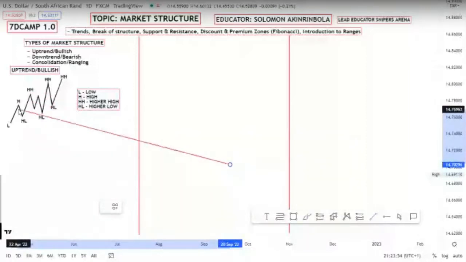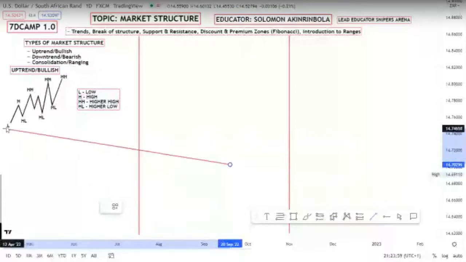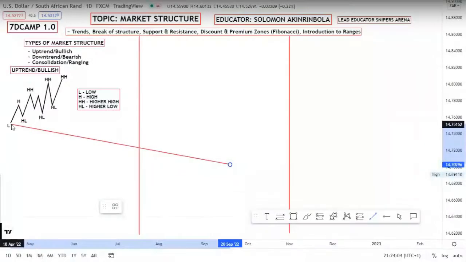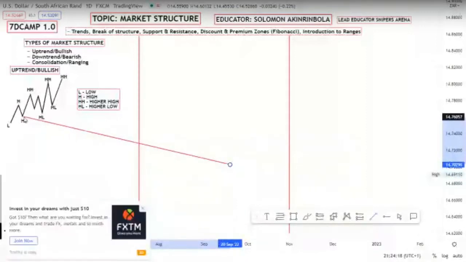Now, rules of an uptrending market. Number one rule is that price always starts from the low. If you're jotting, please do jot. Number two rule is that a higher low can only be known if the candle closes based on the body.